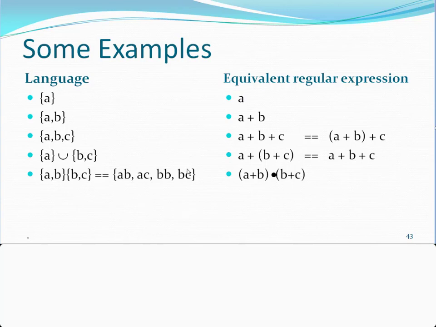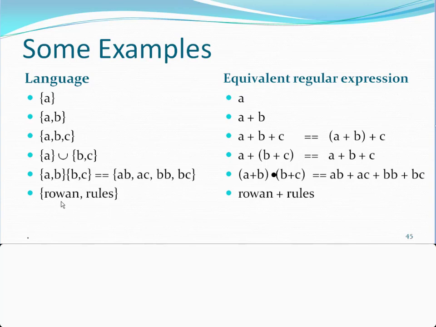And of course, since this set is the same as this set, it's just written in a slightly different way. We have another different way to write this A plus B starred with B plus C, which is just, we can write AB plus AC plus BB plus BC, because this regular expression represents this set here.